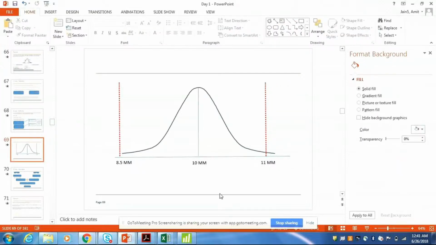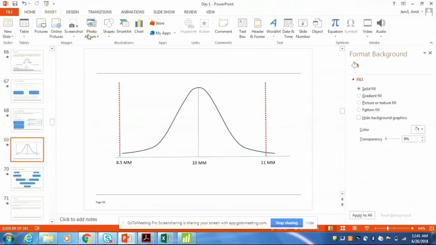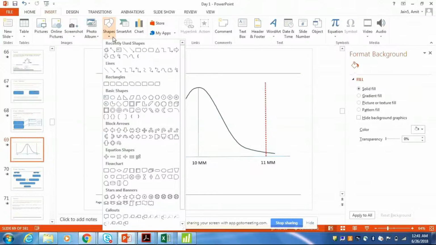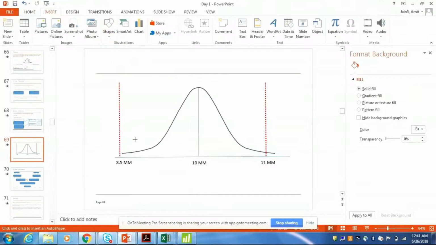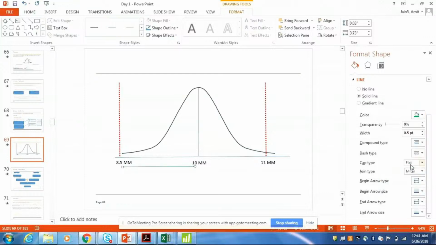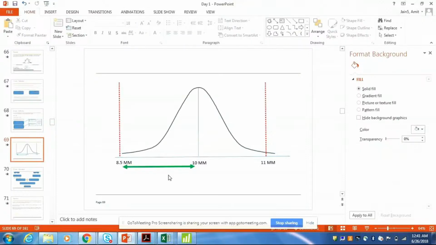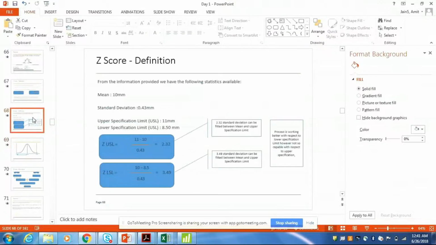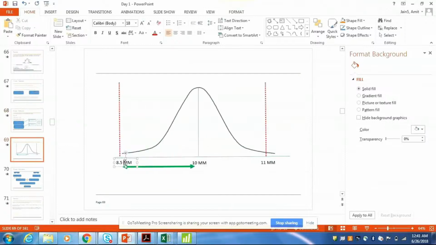Between this point and this point, what I've calculated is I can fit 3.49 standard deviations.